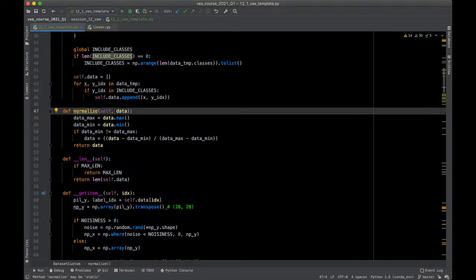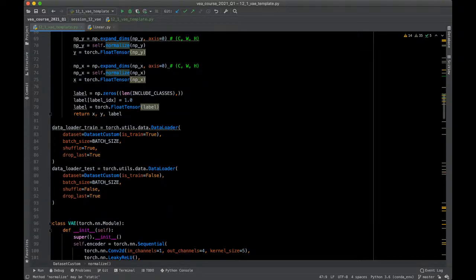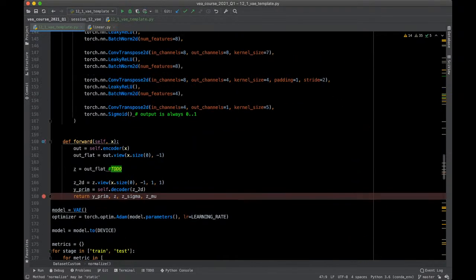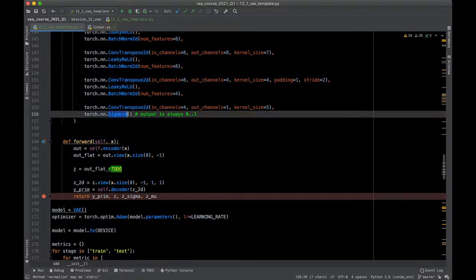It could be also -1 to 1 if we just subtract 0.5 and then multiply by 2, or some other way. So you can standardize, normalize, whatever. And if it is -1 to 1, then there should be tanh at the end. And if there is a probability distribution, that also might require either sigmoid or the softmax. But in this case, this is not a probability distribution.